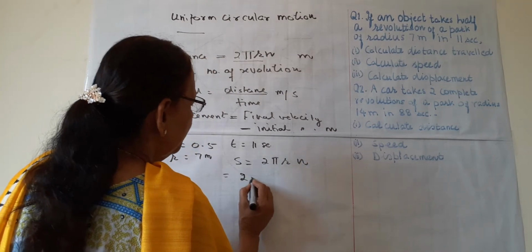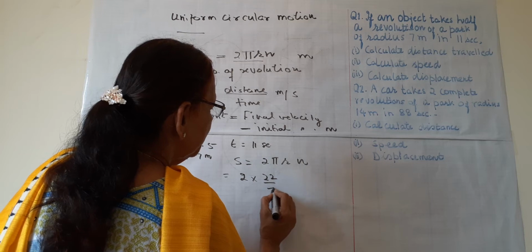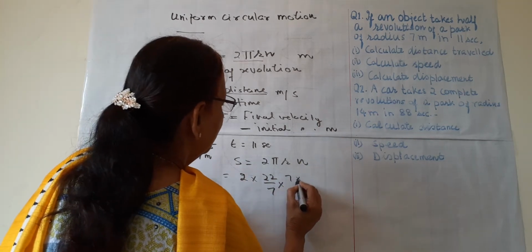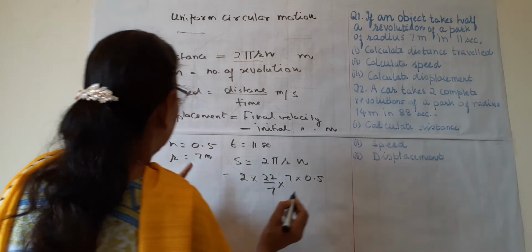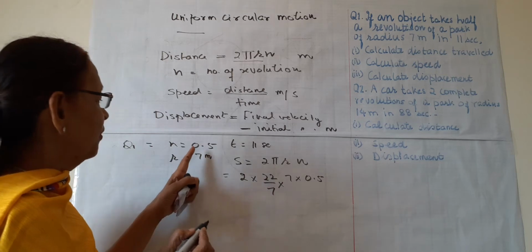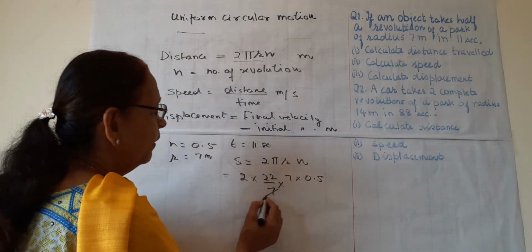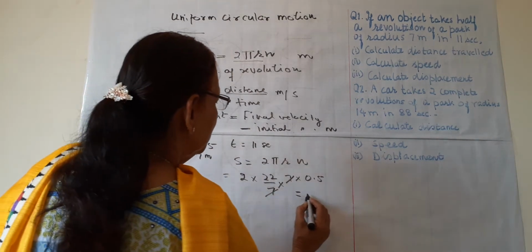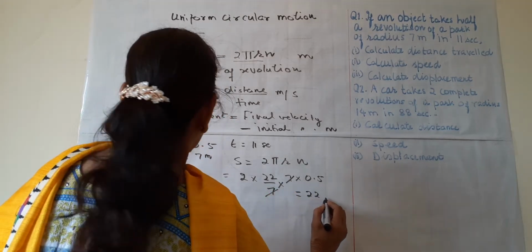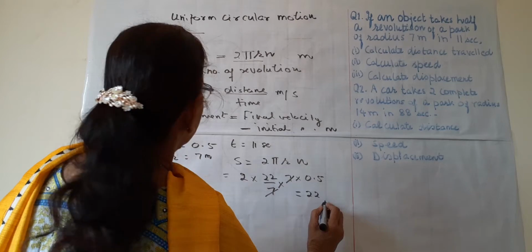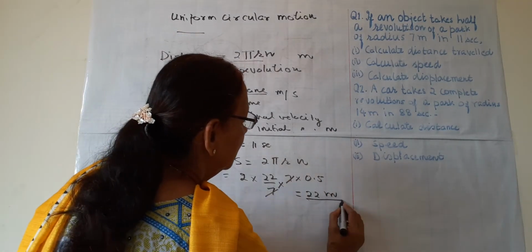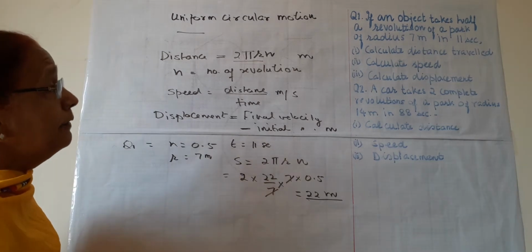So it will be 2 into 22 upon 7 into 7 into 0.5, because he has taken half revolution. This will be cancelled out. So it will be 22. What is that? Distance, 22 meters. So this is the distance traveled in 11 seconds.